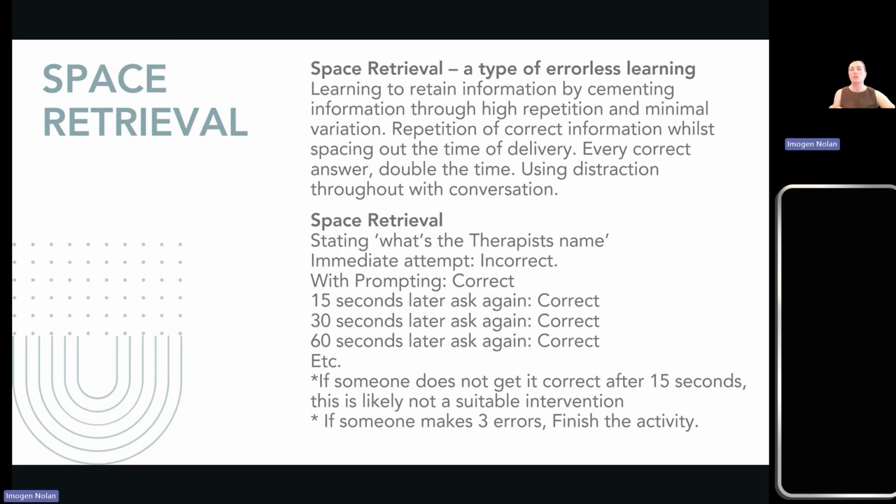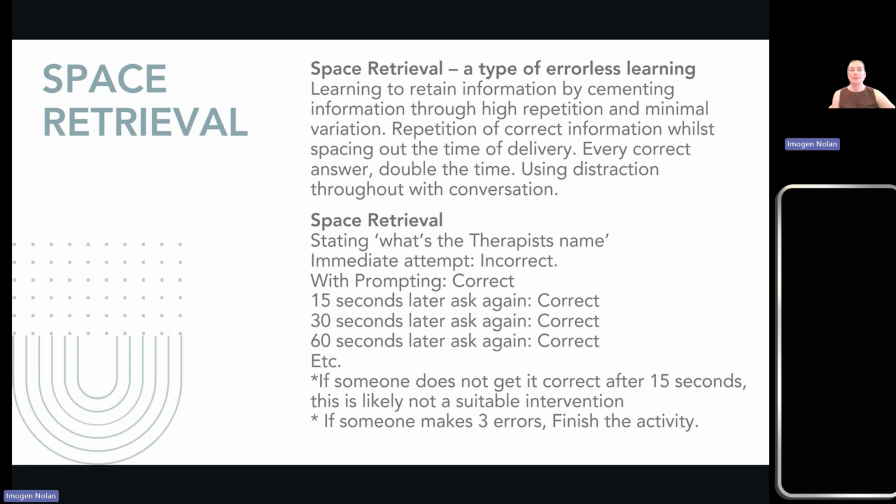In those longer periods of time, that's when you will want to think about doing other conversations to help with that spaced retrieval challenge. If you don't get it correct after the 15 seconds, it's likely not a suitable intervention. And if someone makes 3 errors, then it's time to finish the activity as well.